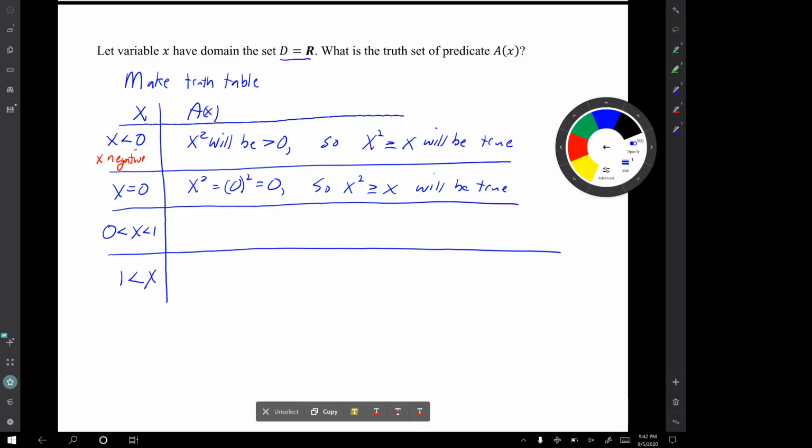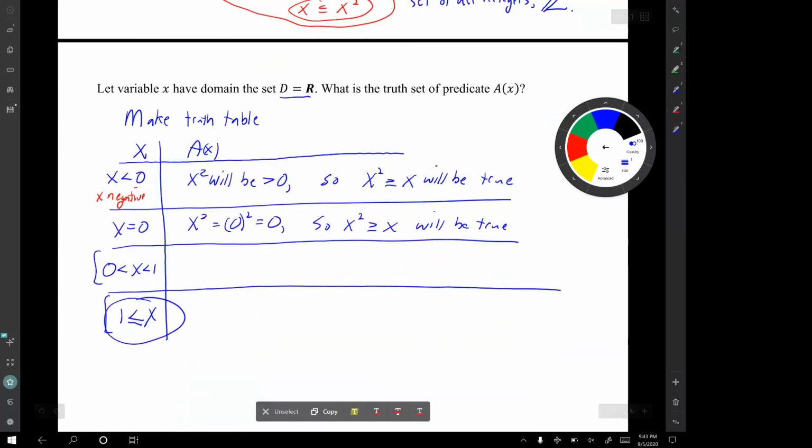Instead of just having one big category for all the positive real numbers, we have to break it up into two chunks. The real numbers that are between 0 and 1, and the real numbers that are greater than or equal to 1.